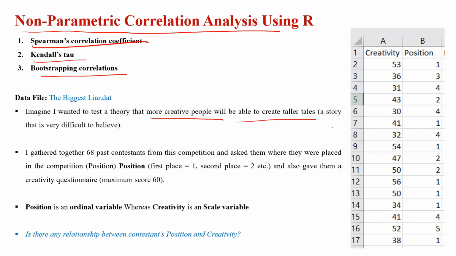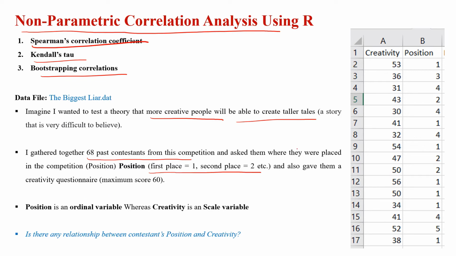So I have the data of 68 contestants, and I also have their position, so their creativity and their position. Which means the more you have created the false story, the higher position you will get. This creativity is basically the marks, right?